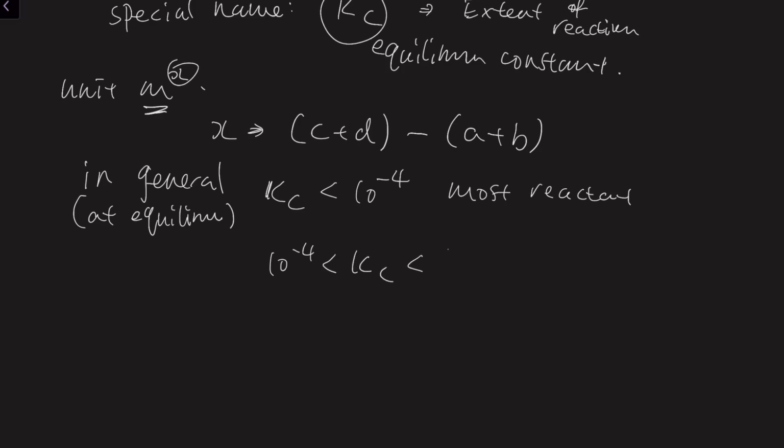If Kc is between those two values, we have lots of reactants and lots of products.